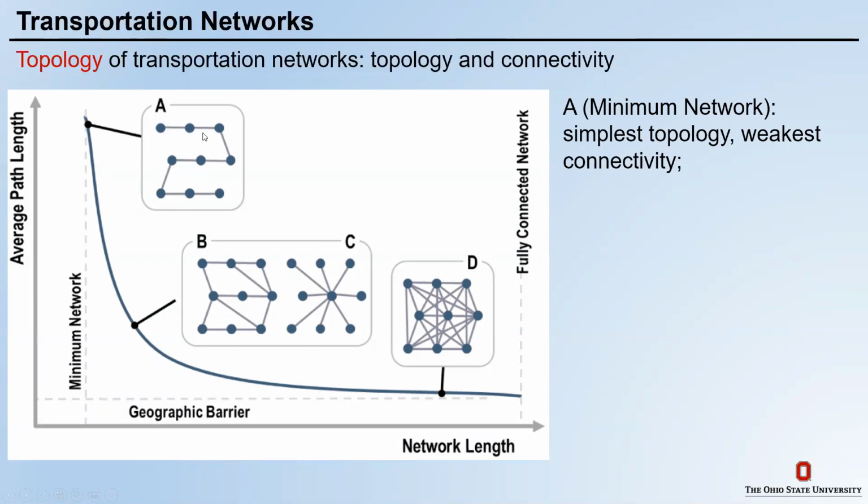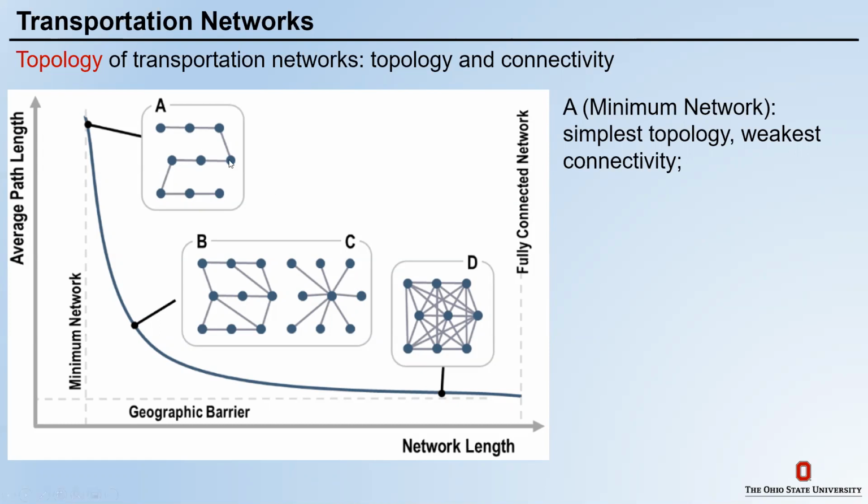Okay, so path length means the distance you travel from starting point to destination. The network length means the total length of all links within a network. So it's different, right?